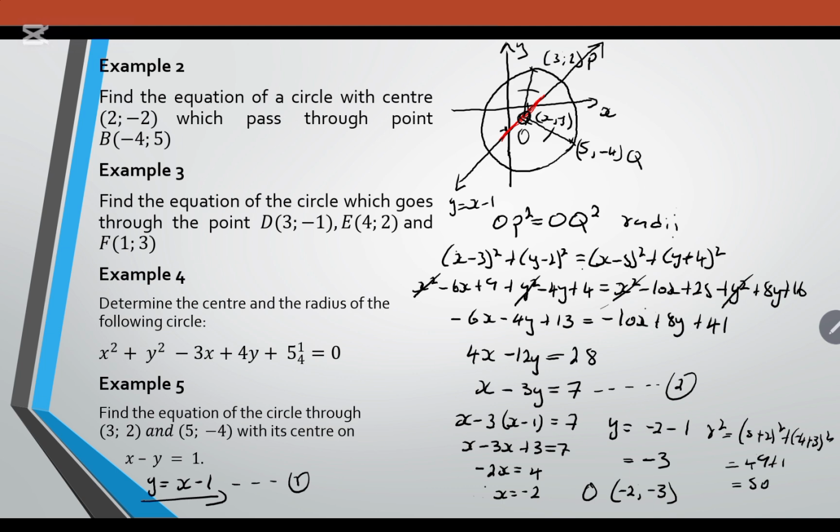Therefore, the circle will be (x plus 2) squared plus (y plus 3) squared is equal to 50. So that will be the equation of the circle.